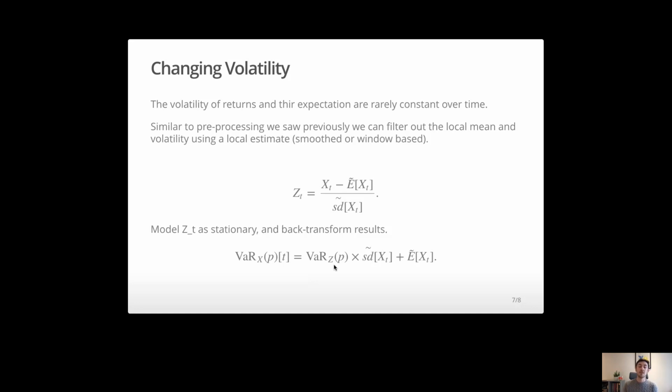If we want to map that back onto a particular time in the X process, so we're interested in the value at risk for X values at time t with probability p, then what we're going to do is find the value at risk with probability p in the Z process, then multiply that by the estimated local standard deviation at time t, and add on the mean level at time t. A very similar process can be used in order to estimate the expected shortfall on the Z scale as well.